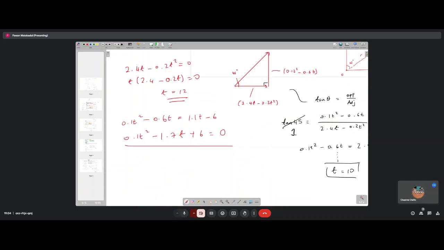Could you just solve that very quickly? That should give you 12.